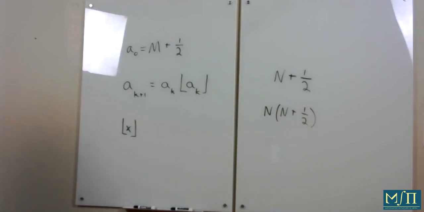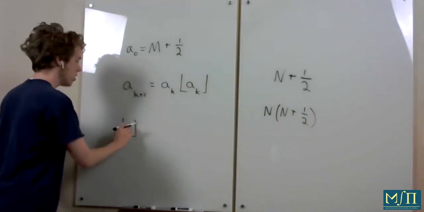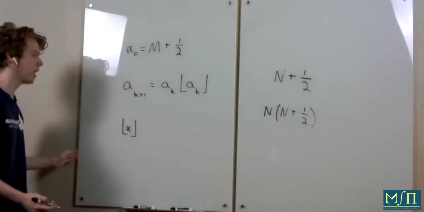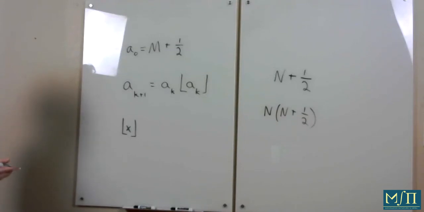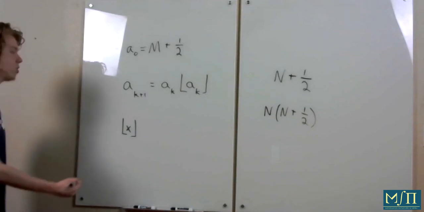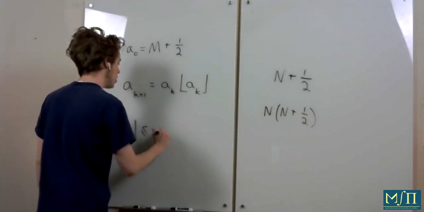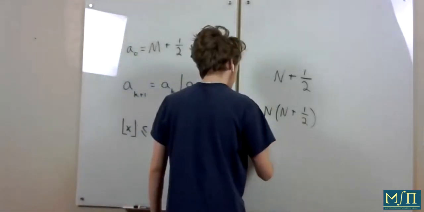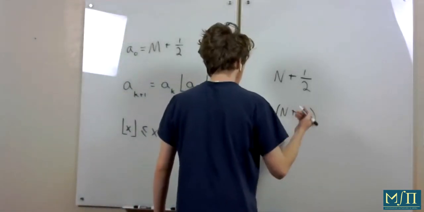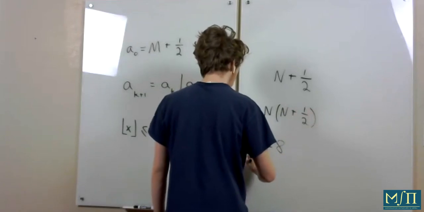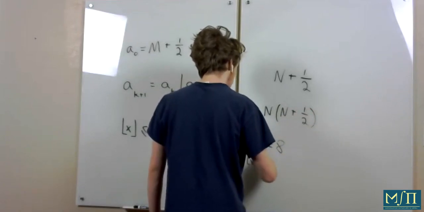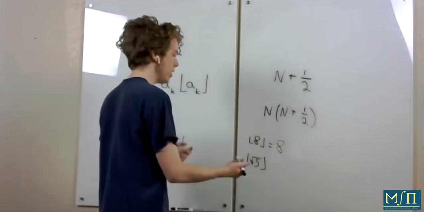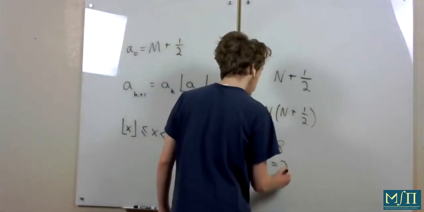for any real number x, this symbol, the floor function of x, is the greatest integer that is at most x. So for example, the floor of 8 would just be 8. The floor of the square root of 5, since the square root of 5 is between 2 and 3, would be 2.